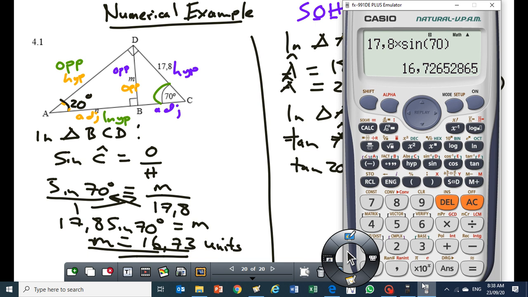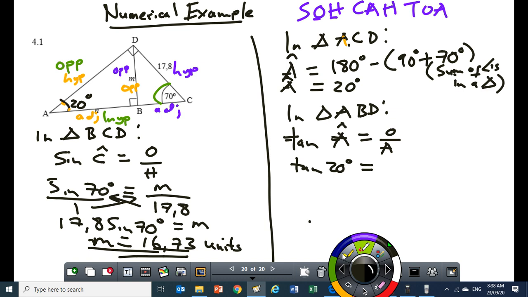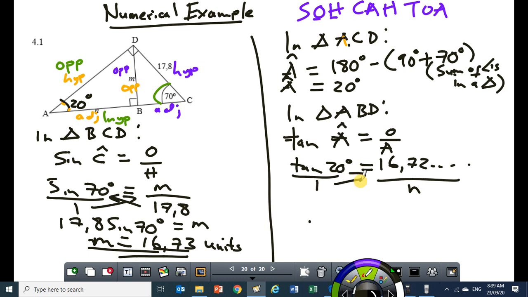So I'll write it as 16,72 dot dot dot all over AB, which is equal to N. Are you following? Then you divide here by 1, cross multiply. If you do that, you get N tan 20 degrees is equal to 16,72 dot dot dot.